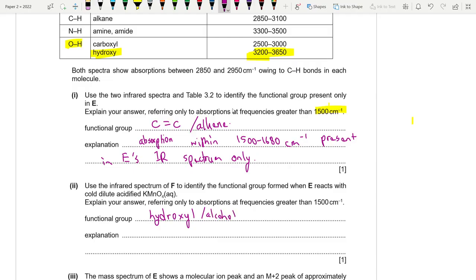The explanation being there is a broad absorption within 3200 to 3650 per centimeter present in F's IR spectrum only.